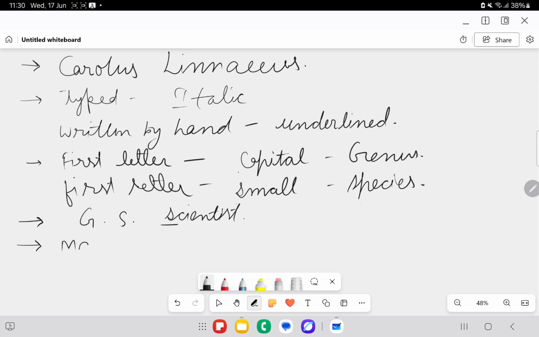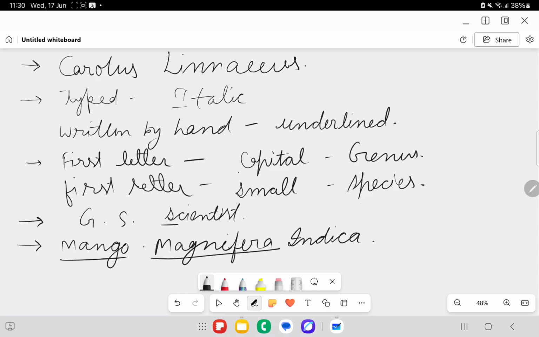For example, what is the scientific name for the mango? That is Mangifera indica.